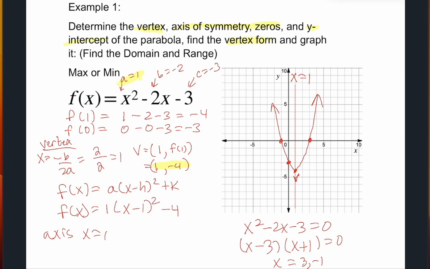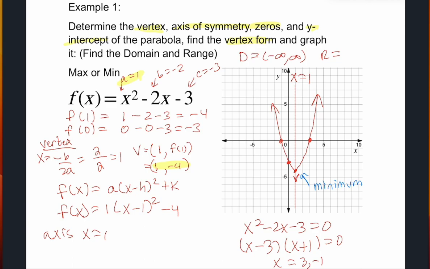Let's talk about domain and range. So there's nothing that is restricted. This will eventually open up as wide as it can go from negative infinity to positive infinity. So the domain is all real numbers. The range, we talked about earlier that the vertex is always either a maximum or a minimum. This is a minimum value.